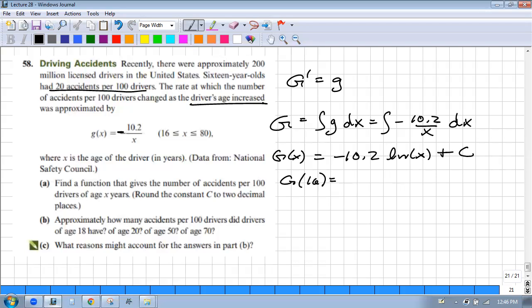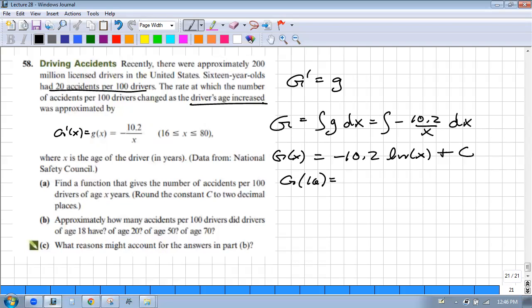So the rate of change. If we put in 16 here, that would tell us how the accidents changed from year 16 to year 17. So this is like big G prime. This is the marginal accident rate.